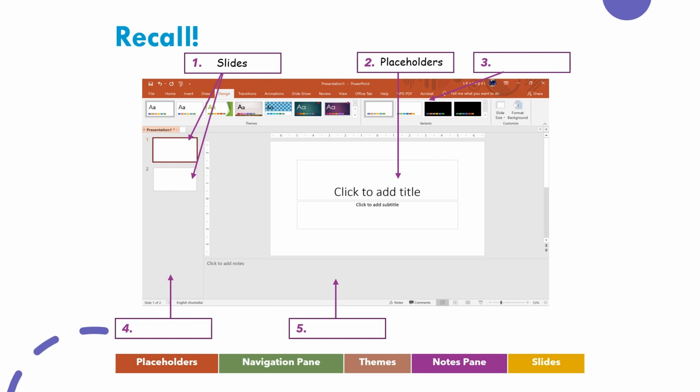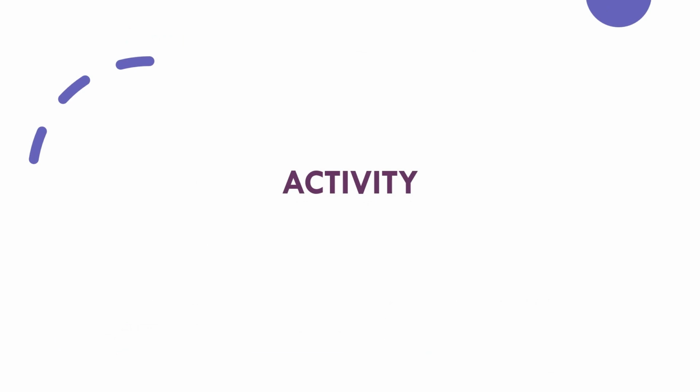Number 3, the design for the PowerPoint presentation. That's what we call the themes. Number 4 is the navigation pane, where you can navigate between the slides. And number 5 is the notes pane, where you can add notes to help you in your presentation. And now let's move on to the activity.